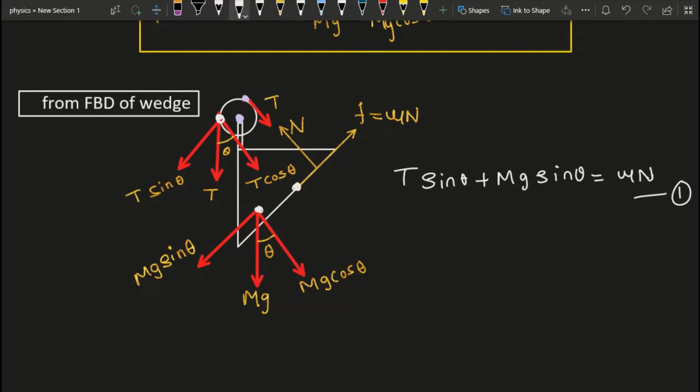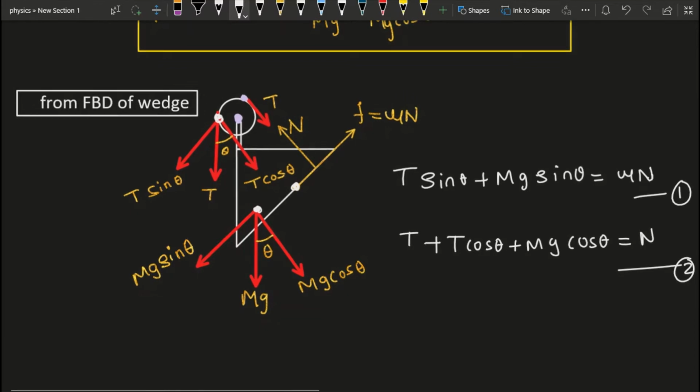And the normal force is the only force acting in the upward direction. We can simply equate those forces in this way. So t plus t cos theta plus mg cos theta is equal to the normal force. So this is equation 2 we are getting.